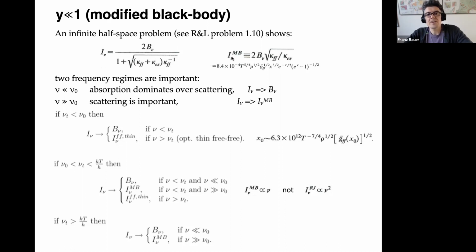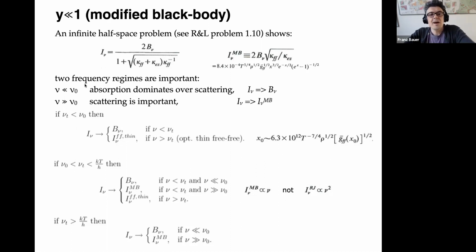And so you have basically a modified black body, which is approximately equal to this thing, right? And we can plug in what this is, and we get out something which looks ugly, but it has the right form. And we can define the frequency regimes that are important here.